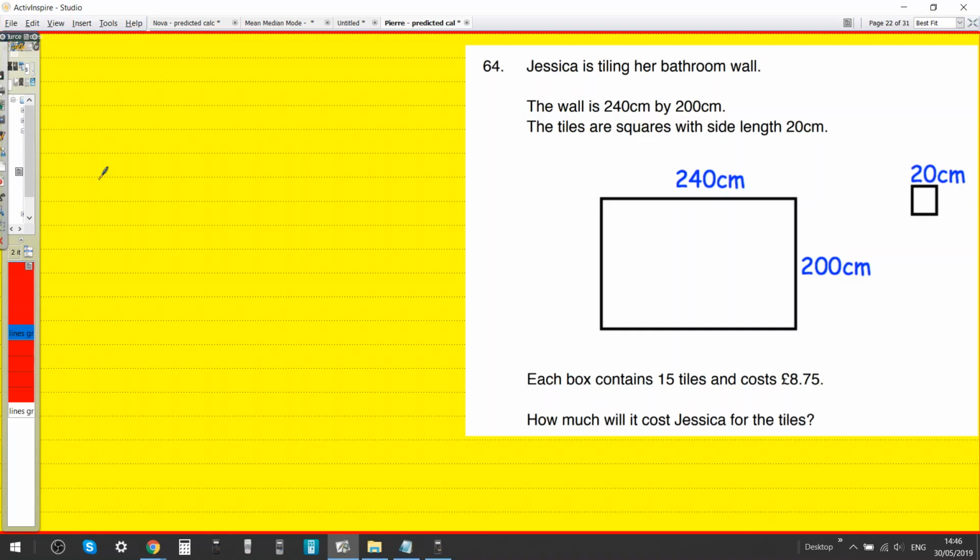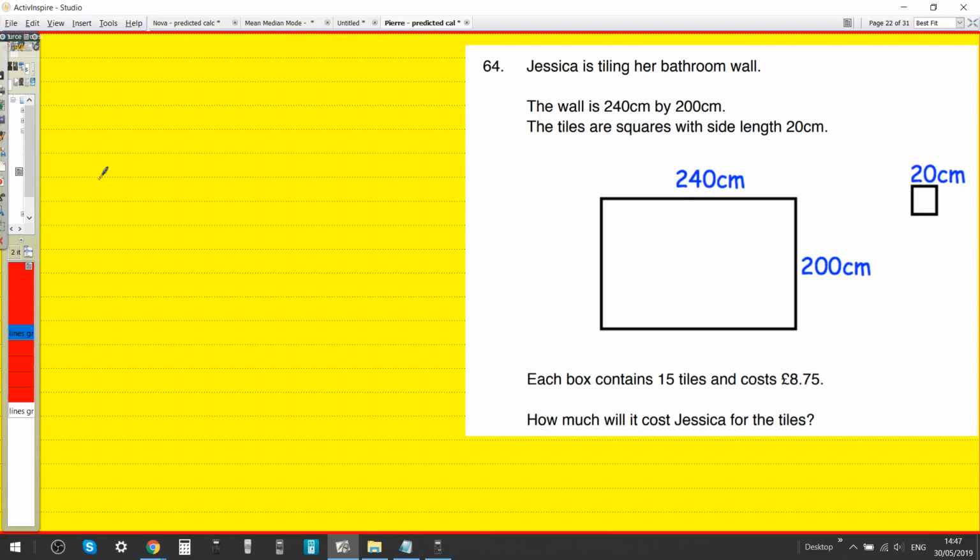I remember the wall. The wall is 240 centimeters by 200, and it's covered with squares. The squares have a length of 20 centimeters. Each box contains 15 tiles. How much will it cost?